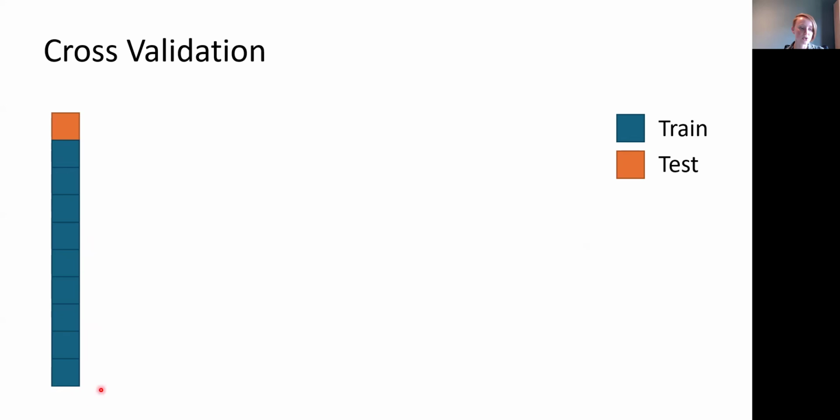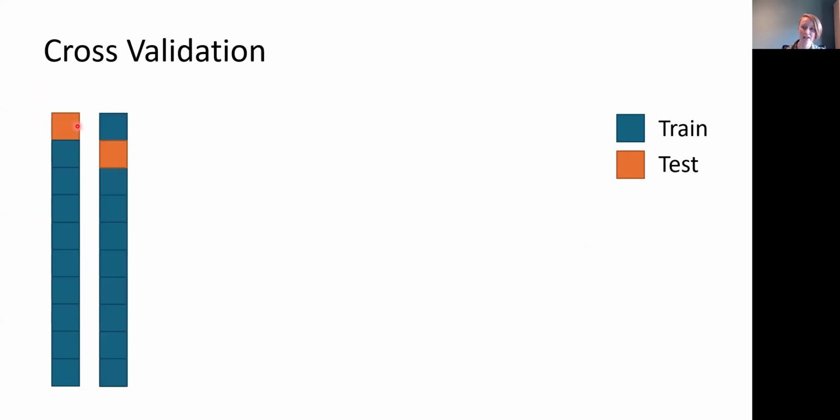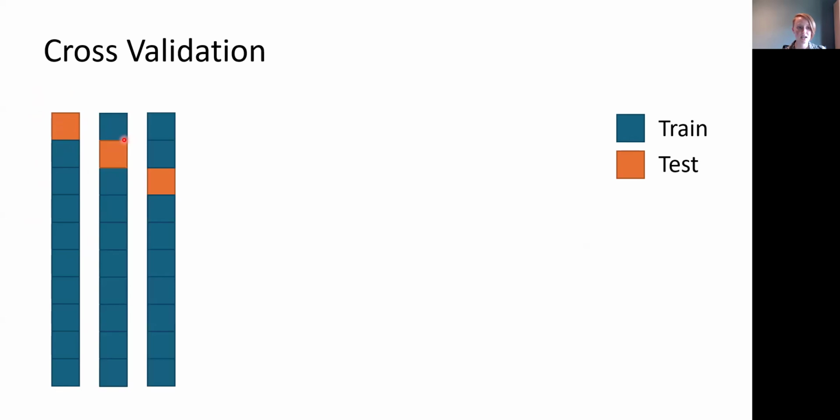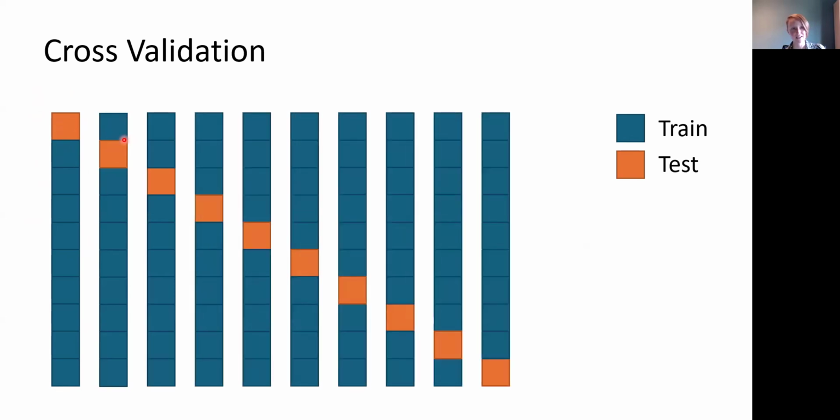We could train a model on 90% of our data and then test it on 10%. We could then do it again, but take a different section of our data, and then again and again until every 10% portion of our data has been trained in 9 models and tested in 1.